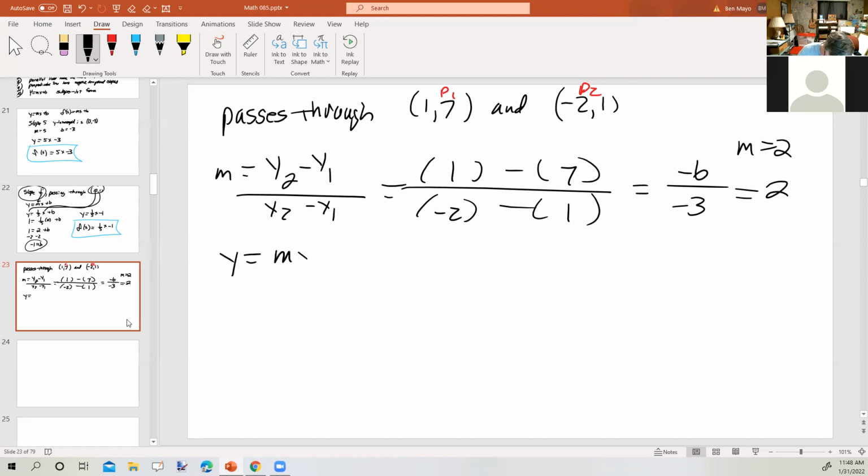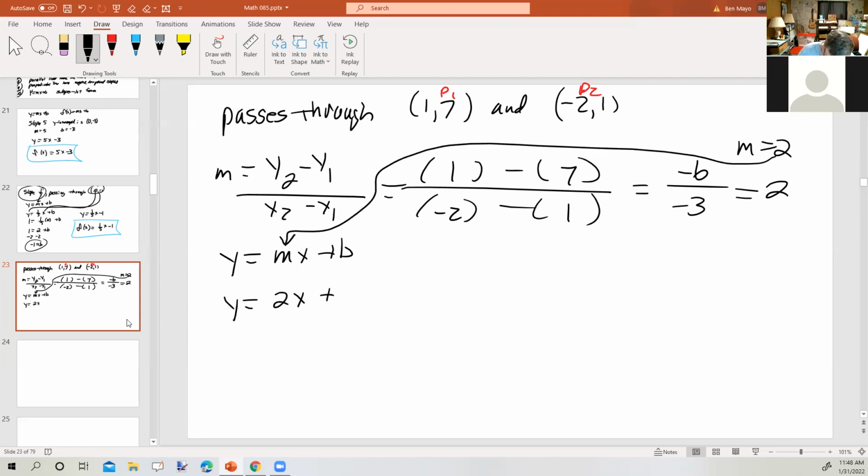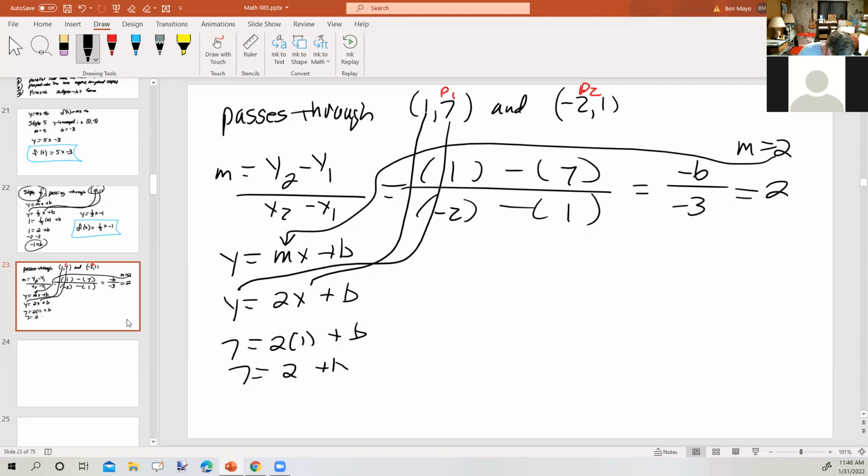Using y equals mx plus b, we'll take the 2 and put it right there. Now I've got 2 choices for a point I can plug in for x and y to find b. It doesn't matter which of those 2 points I choose, but make sure you use the x and the y value from a single point. Don't use the x from point 1 and the y from point 2. That will not work. So I'm going to go ahead and use point 1. So 1 goes there, 7 goes there. 7 equals 2 plus b.